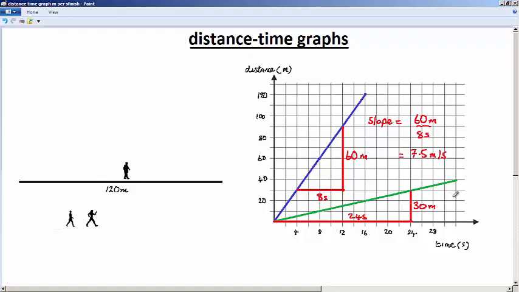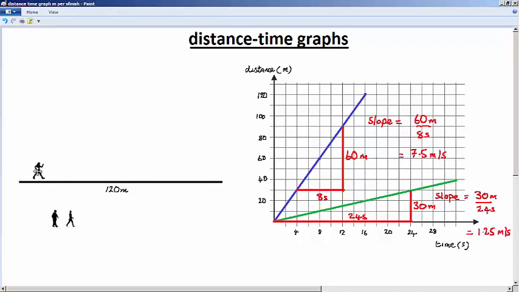So in this case the speed is the slope of the graph, which is, let's make a note, slope equals 30 divided by 24, and if you get your calculators out you'll find that that is 1.25 meters per second.